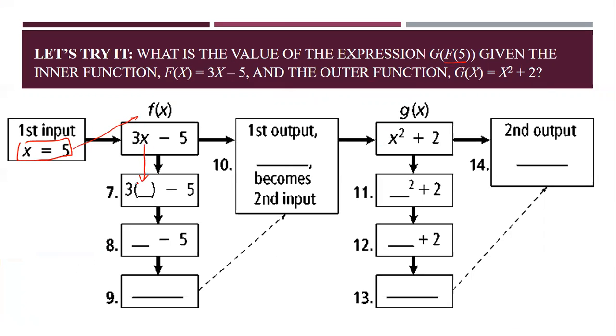So what used to be an x is now a 5. 3 times 5 is 15. 15 minus 5 is 10. I'm going to take the value, and it's now become my new x value, and I'm going to plug it into g of x. And g of x is x squared plus 2, where x is going to become 10. 10 squared is 100. And 100 plus 2 is 102. My final output and my answer is 102.